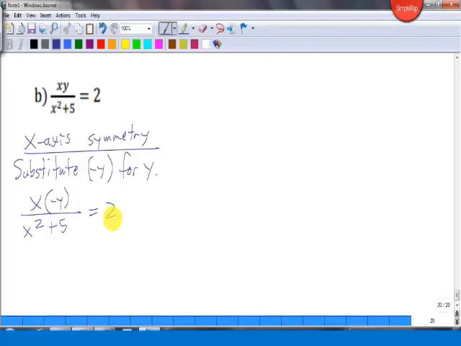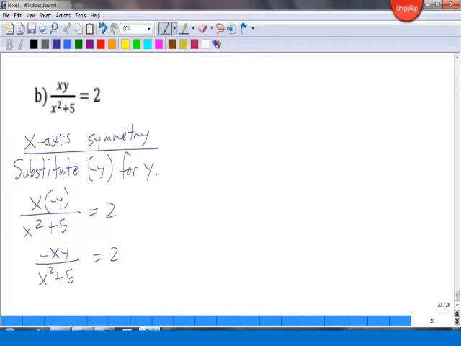Certainly the parentheses are crucial here, otherwise it looks like x minus y up there. X times negative y is negative xy. You can grab that negative sign, since it is a factor of the numerator, and drag it out in front of the fraction if you wanted to, or just leave it right there. Can't really simplify it a whole lot more.